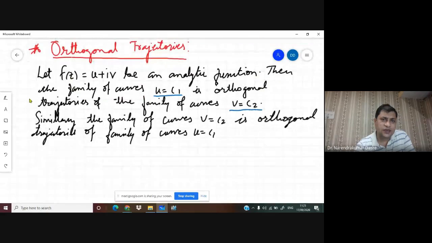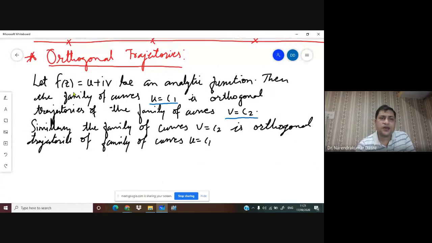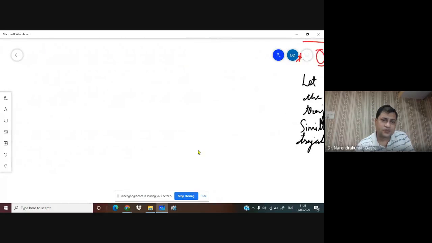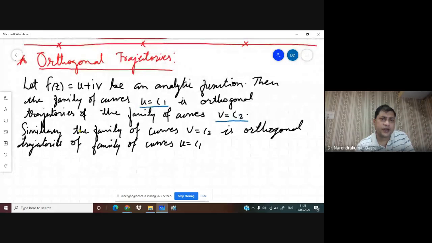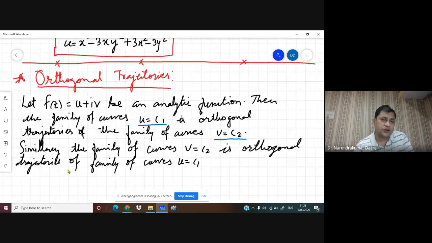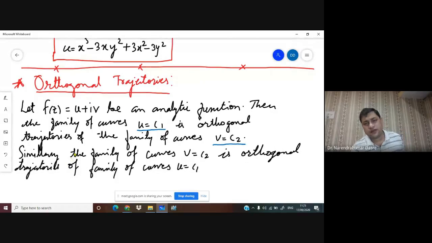And if I consider the orthogonal trajectories, then I am saying that it is a family of curves. So we have to be careful when we say orthogonal trajectory or harmonic conjugate. Harmonic conjugate is only one curve, and orthogonal trajectories are a family of curves. So there are many curves in the orthogonal trajectories, and in the harmonic conjugate there is only one curve.